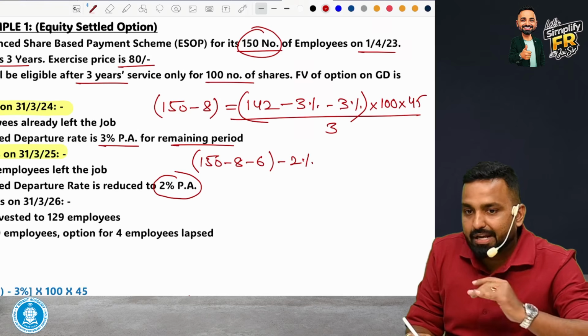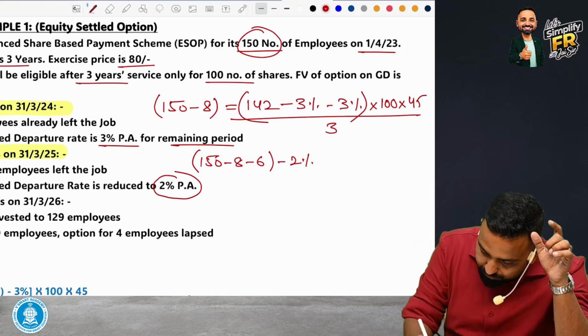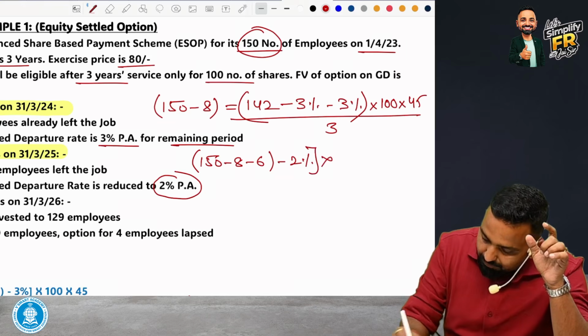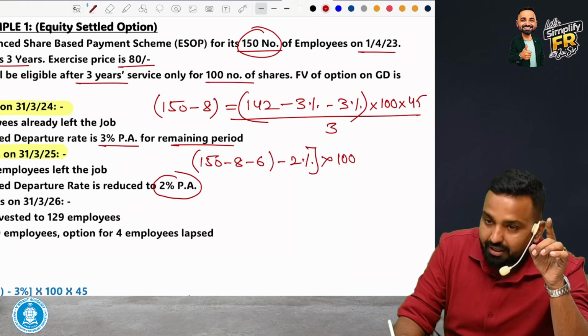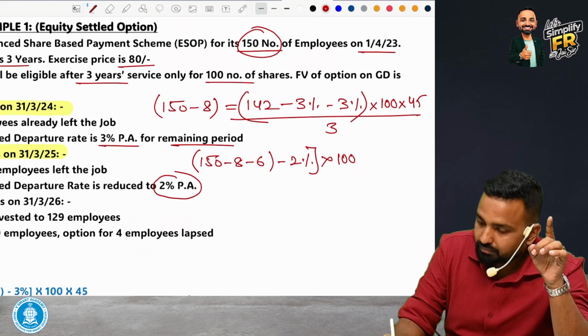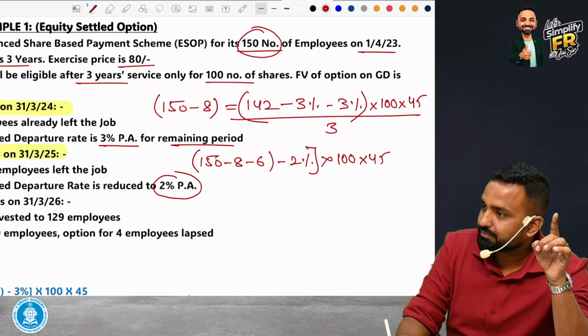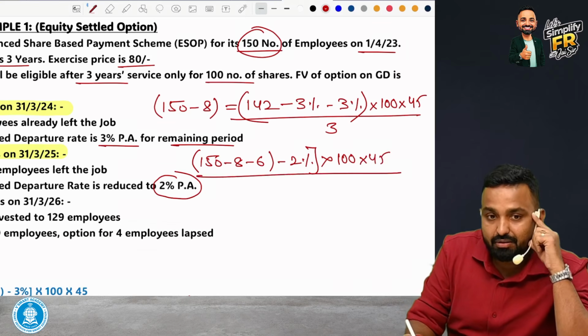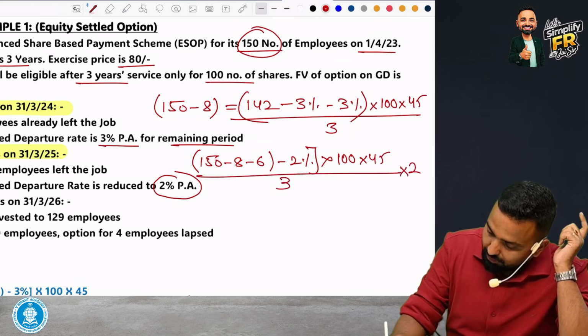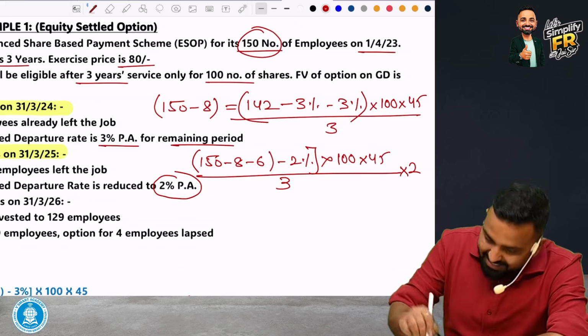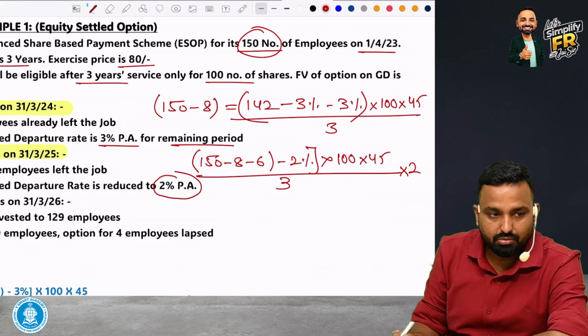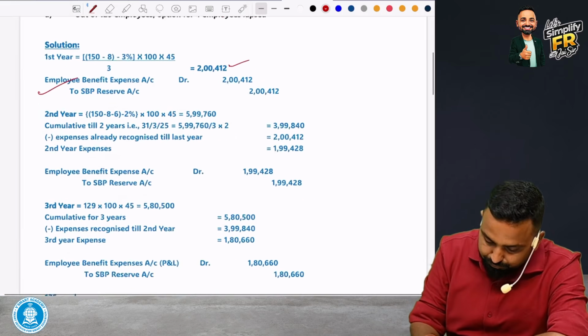Now do not calculate the exact number of employees. Just multiply by 100, by 45 divided by 3 into 2, minus 2 lakh 412. Tell me how much you got.